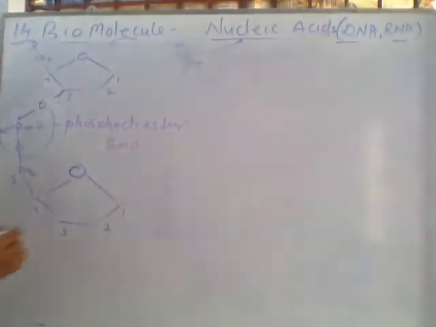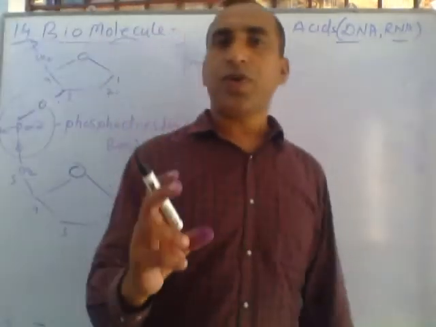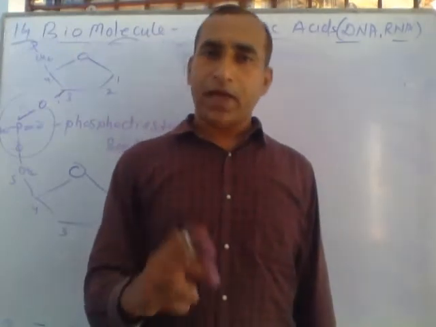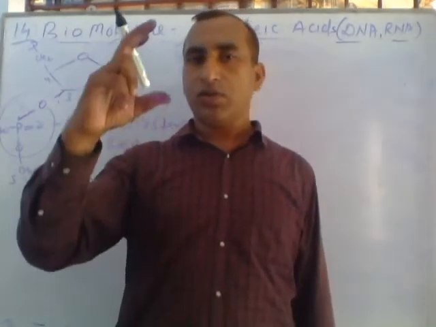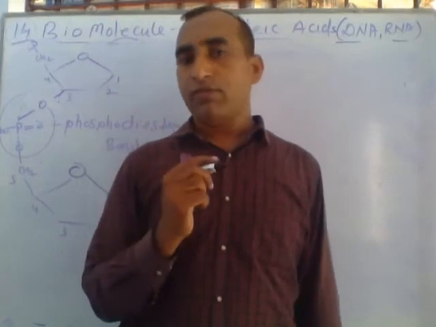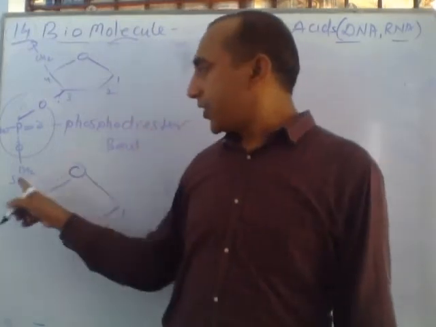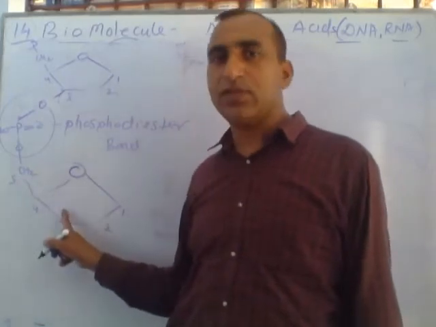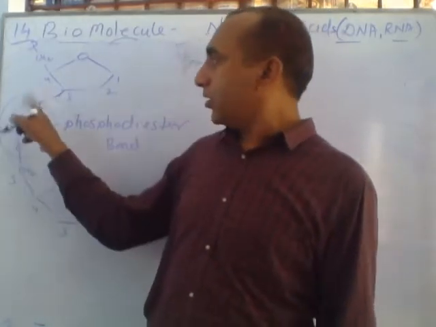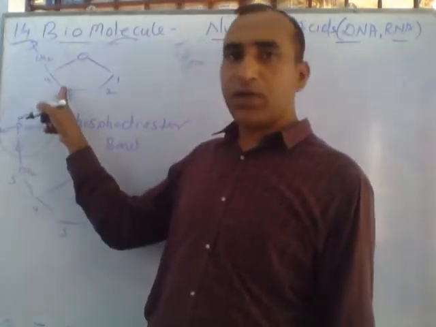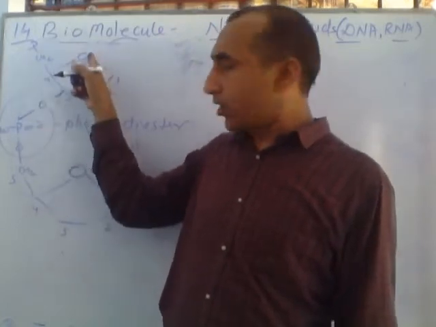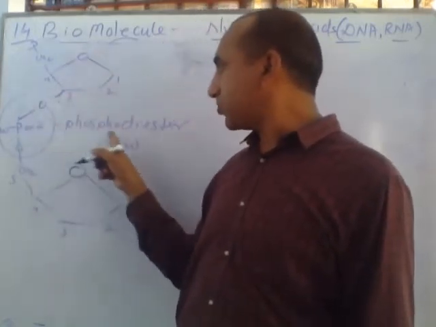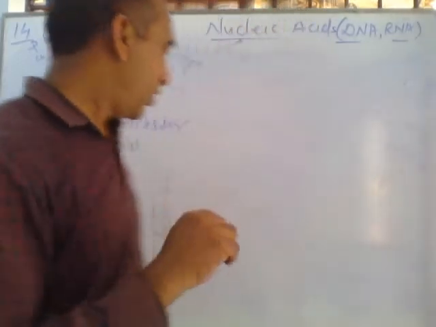Phosphodiester bond means phosphoric acid forms a bond by the help of OH between two carbons: the fifth carbon from one sugar, and the third carbon from another sugar. So this type of bond is called a phosphodiester bond.